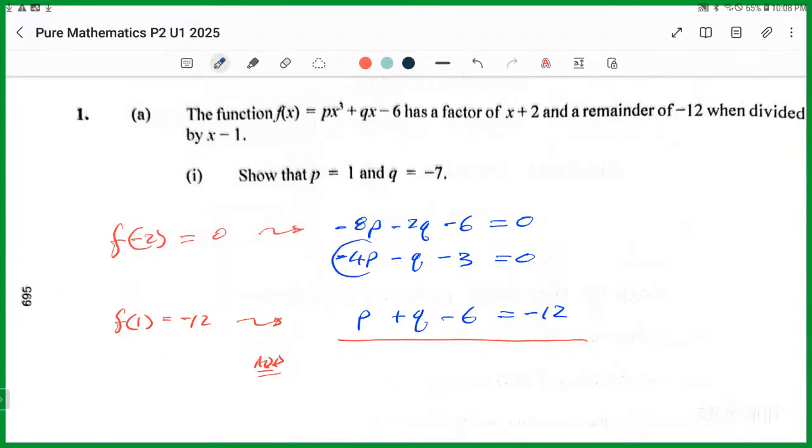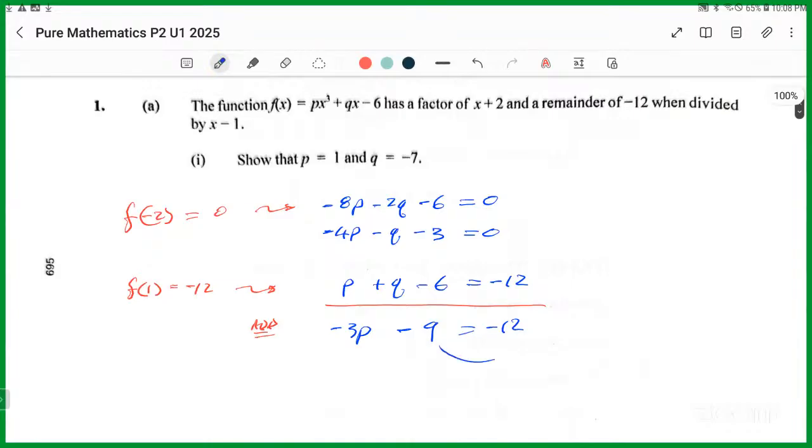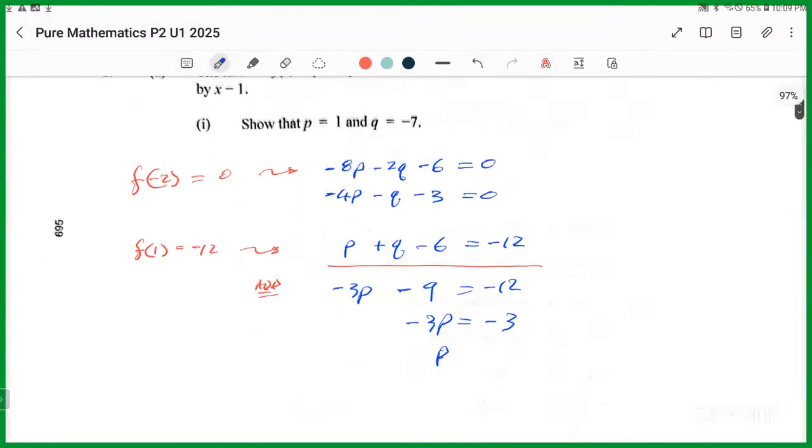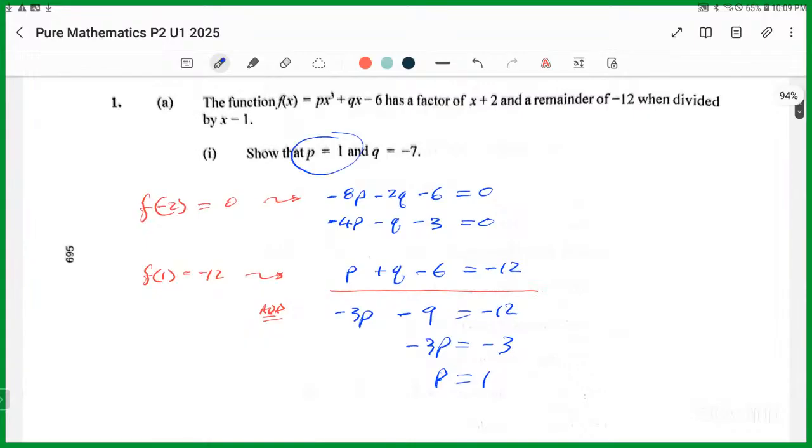So adding -4p and p gives us -3p. The q terms wipe out each other. This is -9, and -12. When the -9 comes over it becomes +9, so we get +9 and -12 is -3, divided by -3, p equals 1, which is what they said.